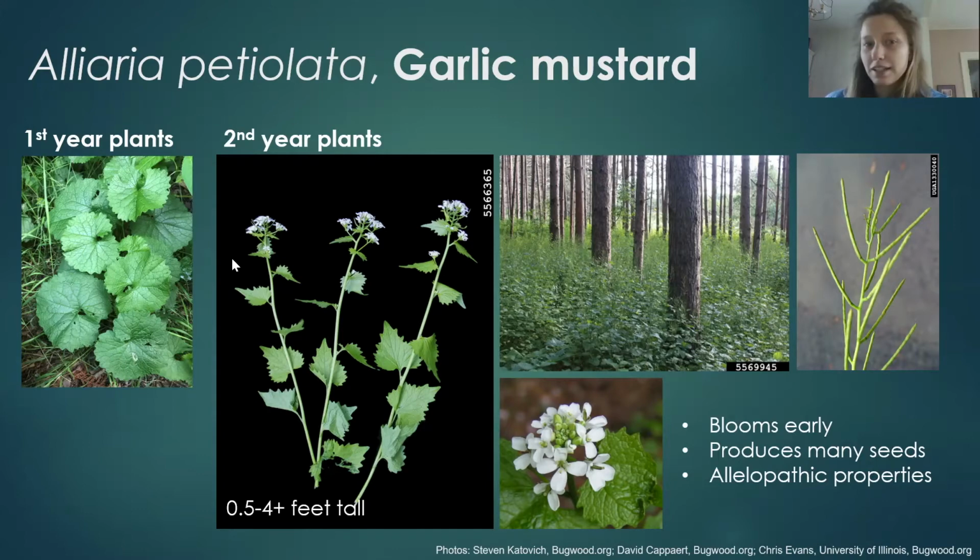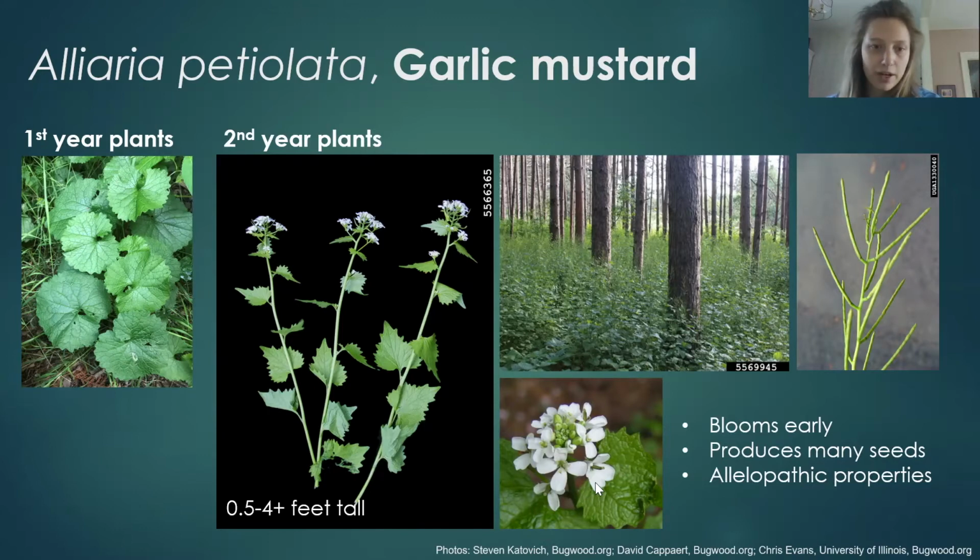So in the second year, these little first year plants that have just been sitting there gathering up nutrients bolt pretty early in the season, and they go to flower, and they have these mustard-like flowers. So mustards have these 4 petals.